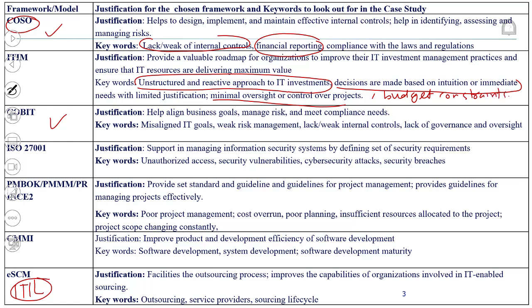That's another indicator that you're not properly doing your IT investments properly. So it can help with, and the justification that you can provide for that, it provides a roadmap for organizations to improve their IT investment management practices and ensure that the IT resources are delivering maximum value.